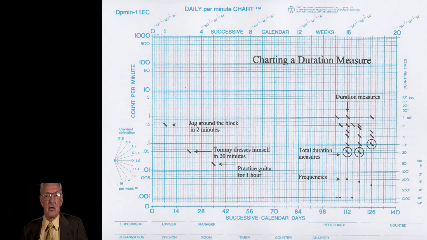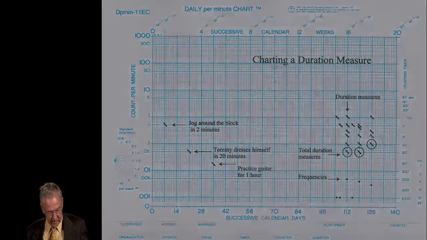Behavior can happen more often if it's not taking too long to happen each time. So as the duration gets shorter, the frequency goes up. As the latency gets shorter, the frequency goes up. Okay? So these are the procedures we have for displaying latency and duration on the chart. And again, many people find these particularly useful in some situations, particularly various therapeutic situations.